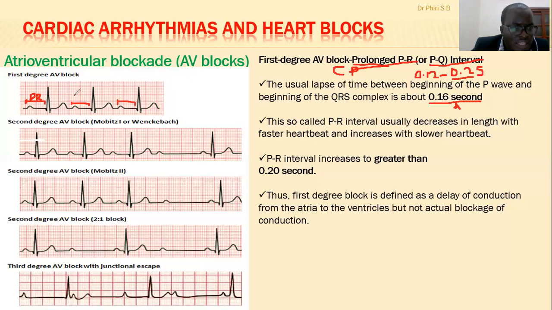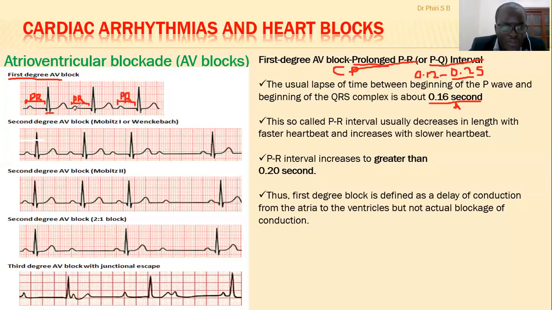You can see that these PR intervals are prolonged, but they are also consistent. Because they are prolonged and consistent, it means there's a slowdown in the conductivity of action potentials at the AV node. In first degree AV block, each and every P wave is conducted to produce a QRS complex.